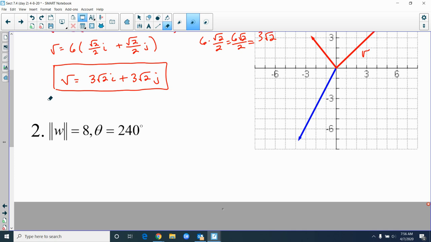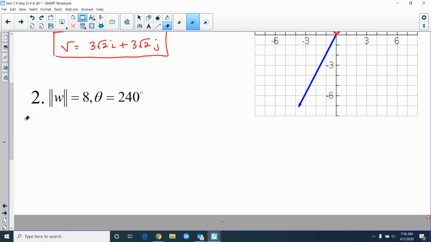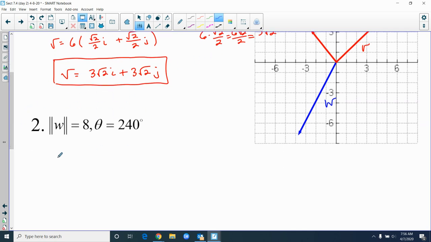All right, w is 8 at 240 degrees. That is going to be that blue vector right there. We have to come up with the ij form. W is going to be 8 times the cosine of 240 degrees i plus the sine of 240 degrees j.